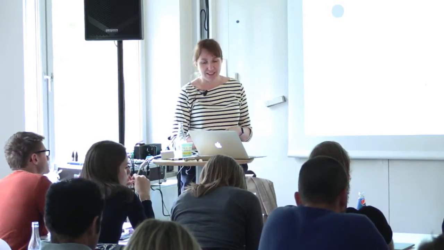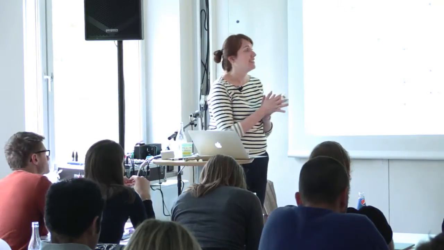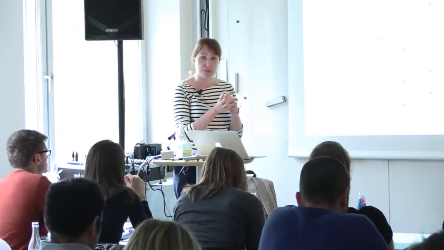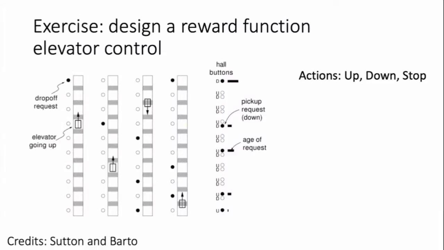Okay. One more exercise. Let's say that I have a bunch of elevators serving a hotel, right? Say that we discretize the problem. The elevator can go up or down, or it can stop. By stopping, I mean opening the doors, letting people in and out, closing the doors, right? Make a stop, literally.